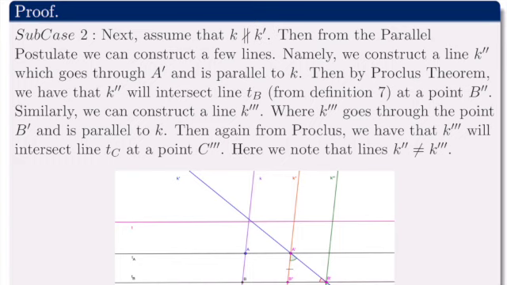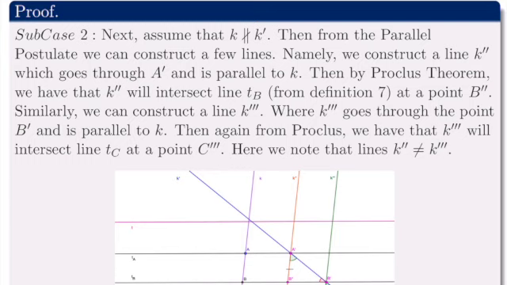So next we assume that our line K, which is this purple line, is not parallel to K prime. All right, so they're going to intersect at some point. Then again, from the parallel postulate, we can construct a few lines. Namely, let's begin with K double prime. K double prime goes through a point A prime, which is parallel to K, right?